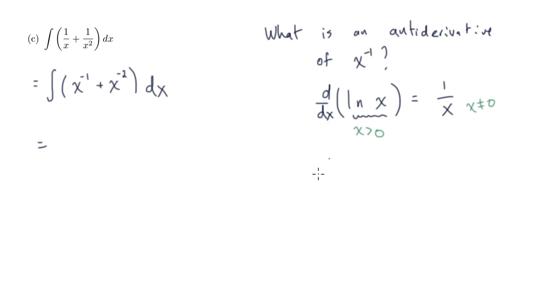So we can also think about taking the derivative of log of minus x, where here x is less than 0. And so what's the derivative of this function? Well, we just use the chain rule. It's going to be 1 over minus x times the derivative of minus x, which is minus 1, or in other words, 1 over x.